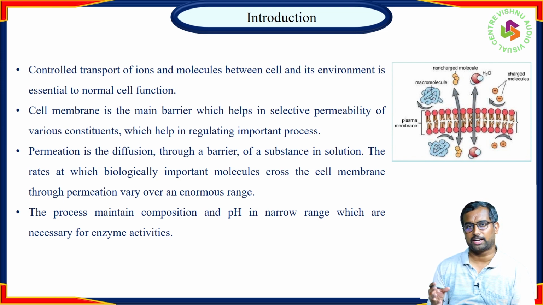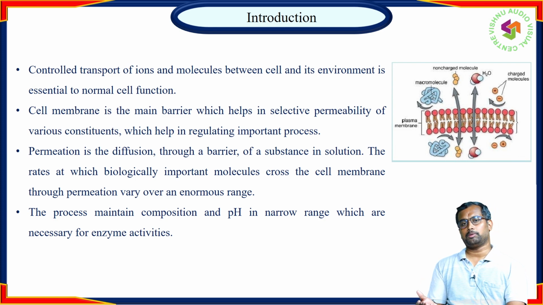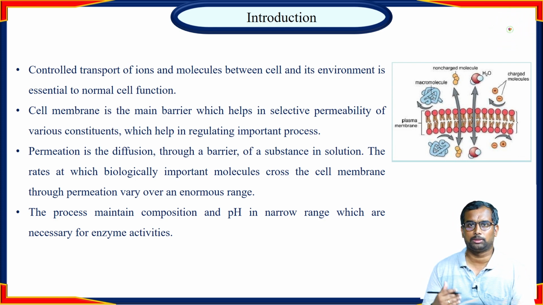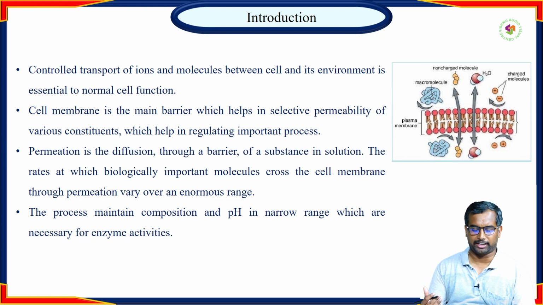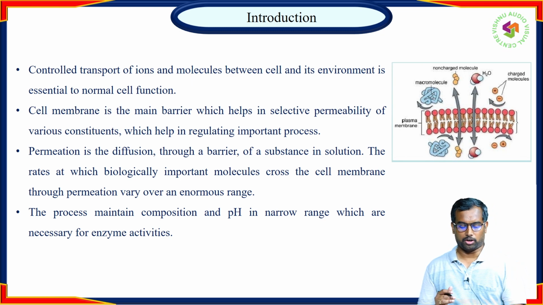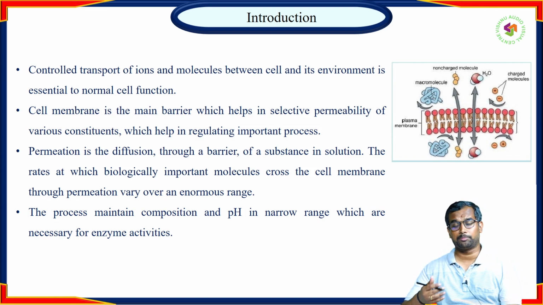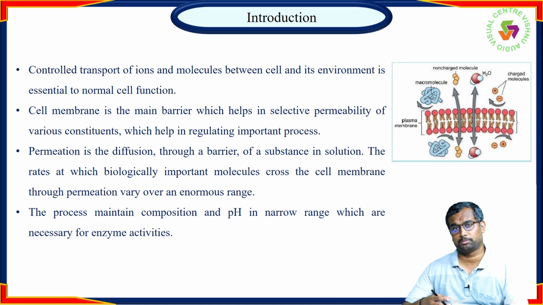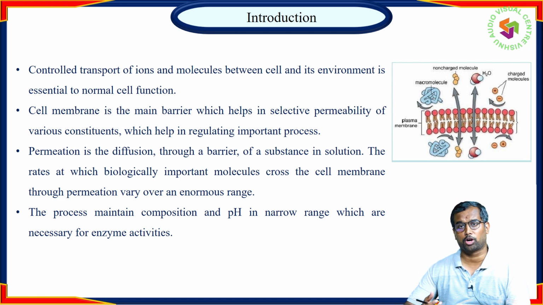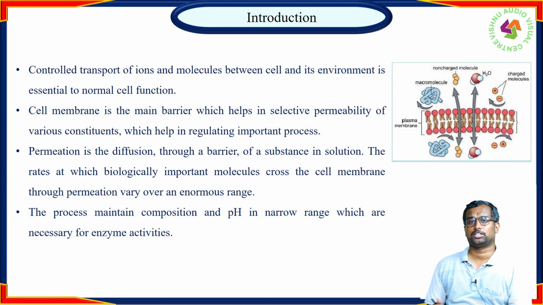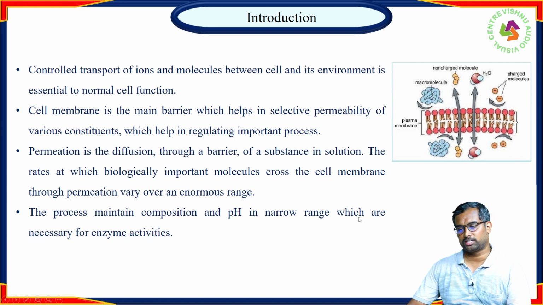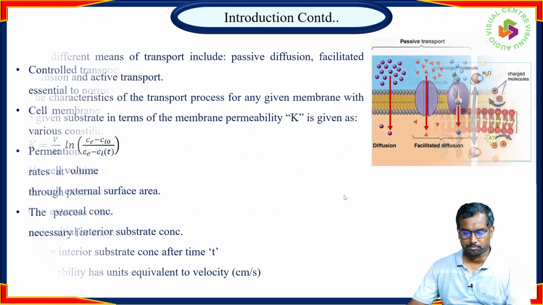Based on different aspects like the size, shape and the charge of the molecules and the membrane, the flow across the particular cell membrane will be identified by the cell organelles. The process will help in maintaining the composition of the system as well as the pH of the system, let it be the cell system or the environmental system. This can be balanced with the help of the transport that is taking place across the membrane.